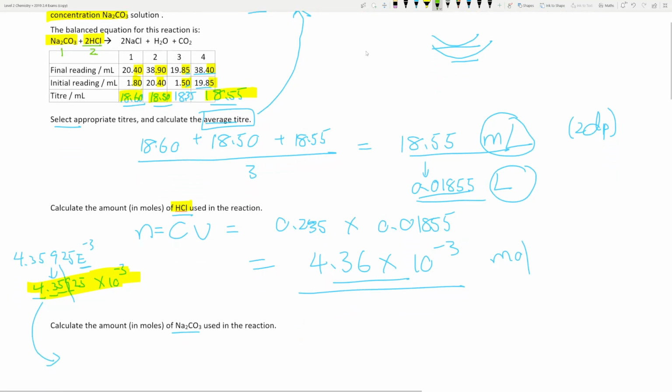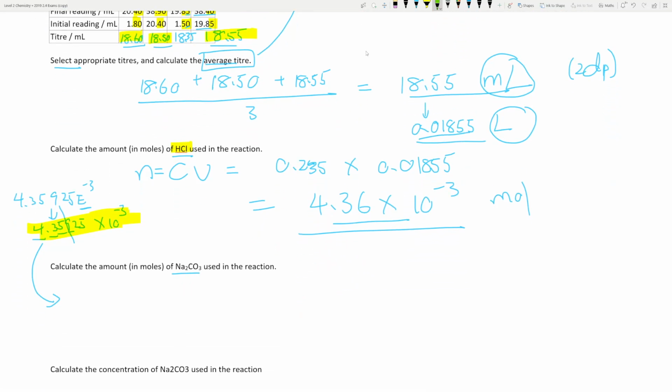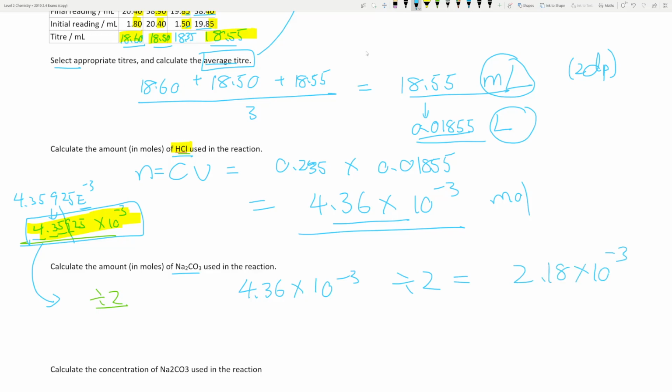It doubles. So if I know the HCl mole, then I simply divide it by 2. Because the ratio is 1 to 2, on paper I'm going to do 4.36 times 10 to the power of -3 divided by 2, but actually I'm going to use this whole thing divided by 2 to give me 2.18 times 10 to the power of -3 moles.